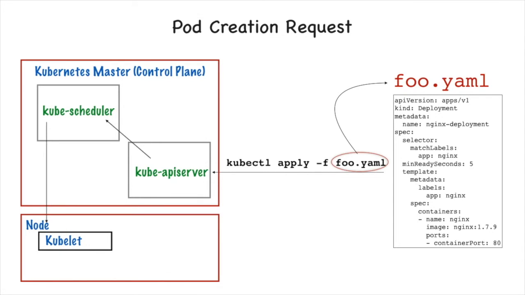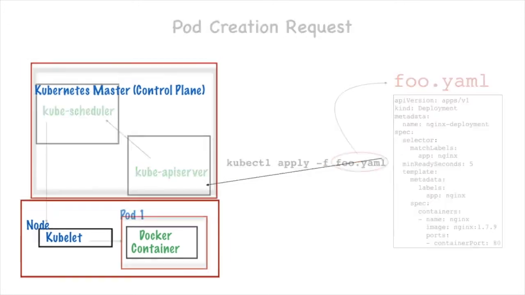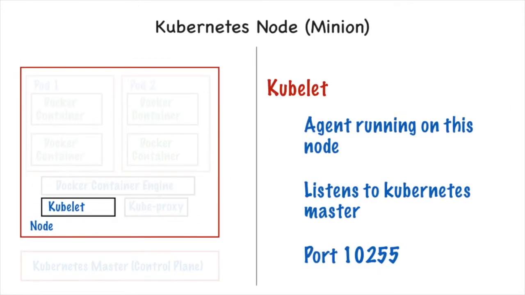It decided that a pod needs to be fired up on some given node. The scheduler would then communicate with the kubelet agent running on that node and ask it to fire up a pod. Hopefully everything goes well, the pod comes up and that pod will then start to run a container within it, and the kubelet agent will report back success to the master.